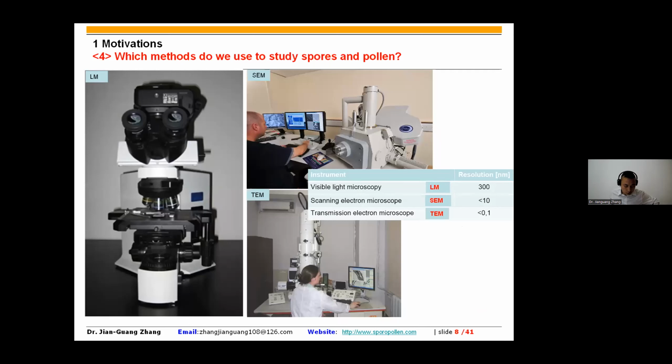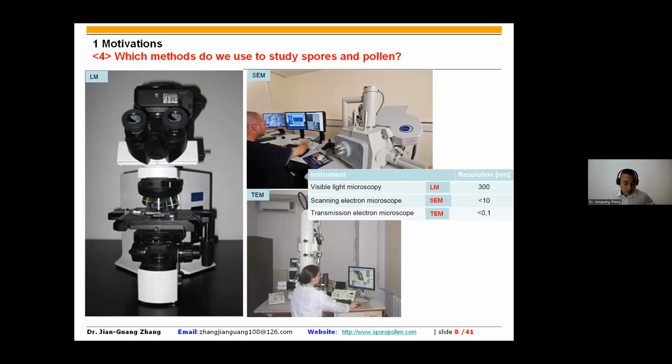Visible light microscope, scanning electron microscope, and transmission electron microscope are the three main methods to study spore and pollen morphology. But the latter two methods can reveal morphological features that are not observable by light microscope.